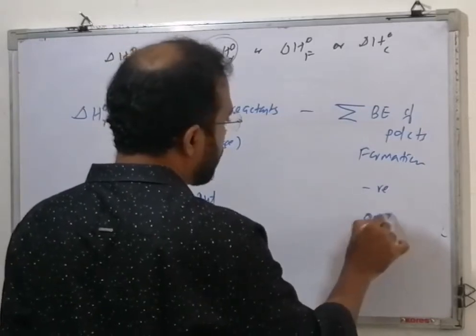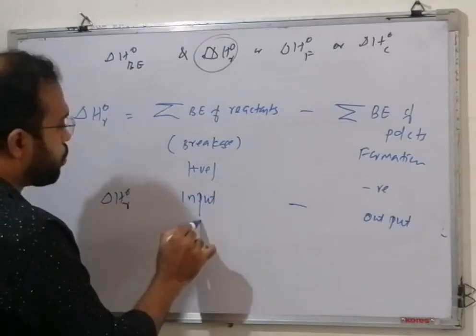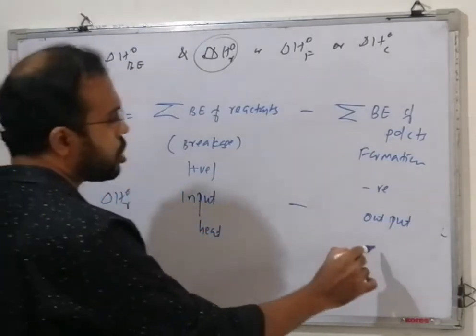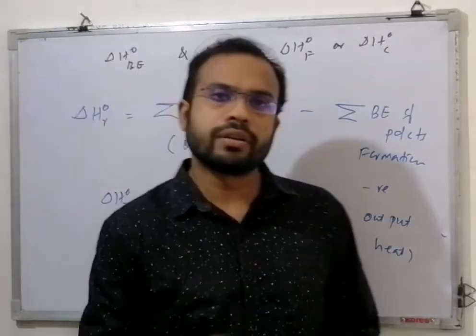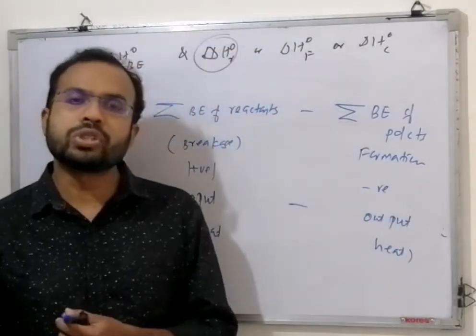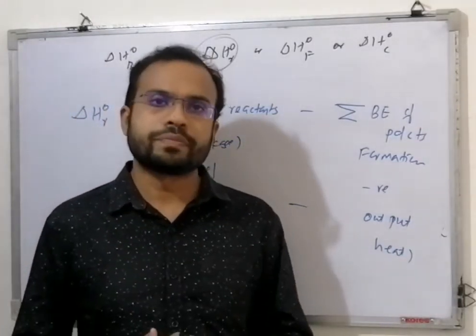That is output. Therefore, delta H0 reaction is equal to input heat minus output heat. Input means the heat given. In terms of bond enthalpies, heat is given to break the bond.